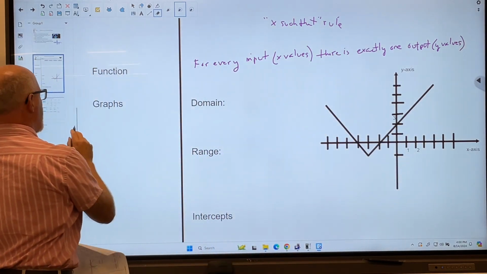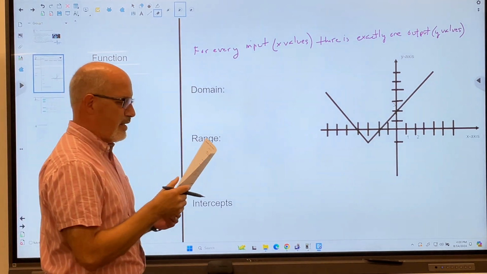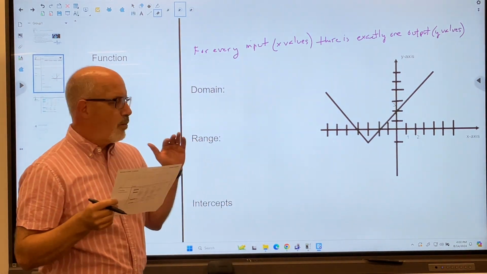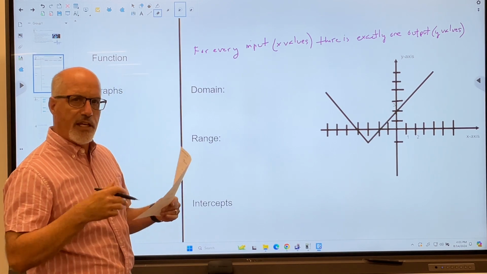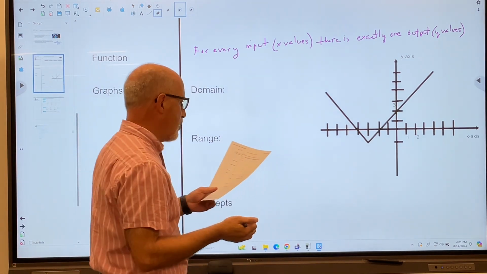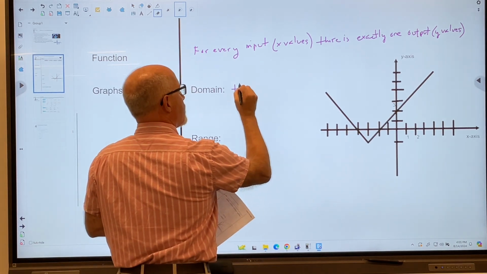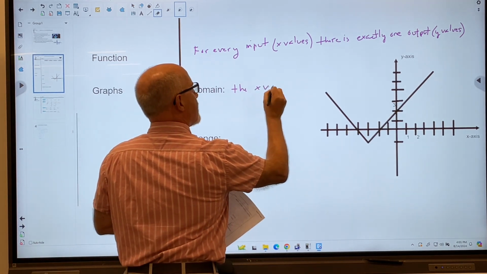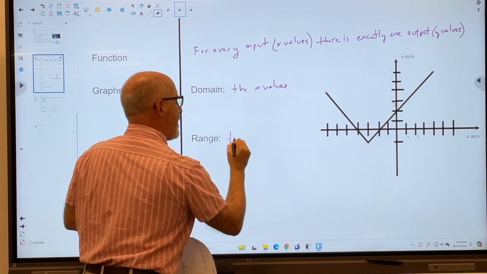Right. So let's talk then about what sorts of information goes with these graphs. So when we talk about domain and range, these are going to be used all year long. So you have to get used to the phrases domain and range. The domain is all the x values, whereas the range is the y values.